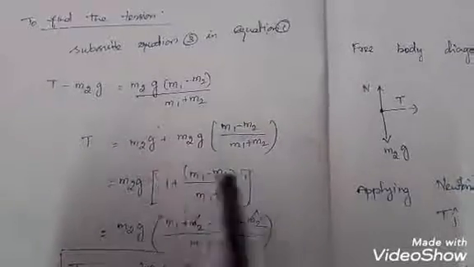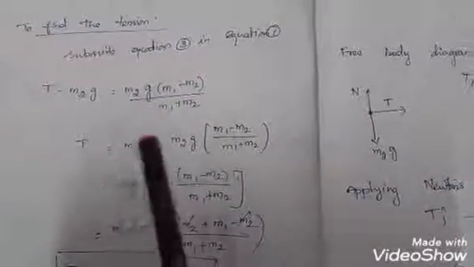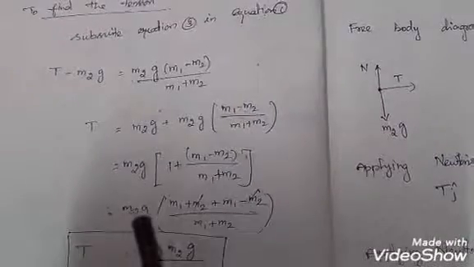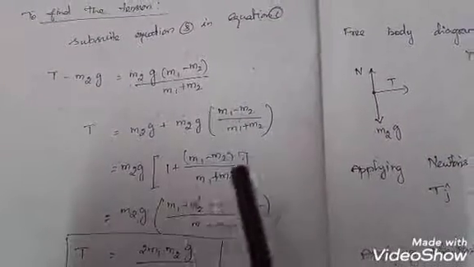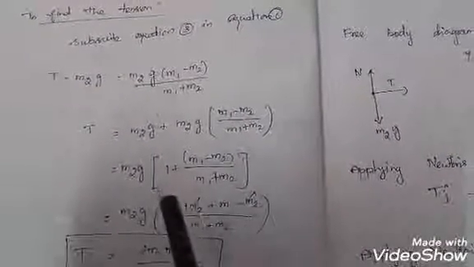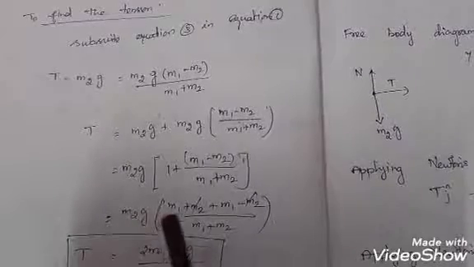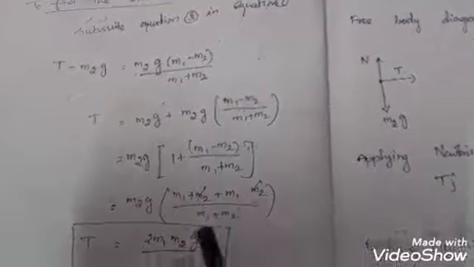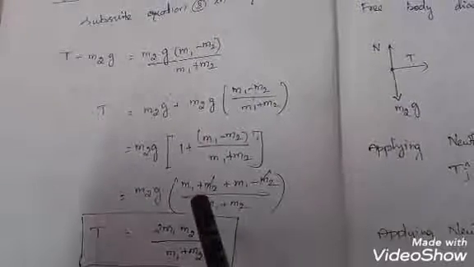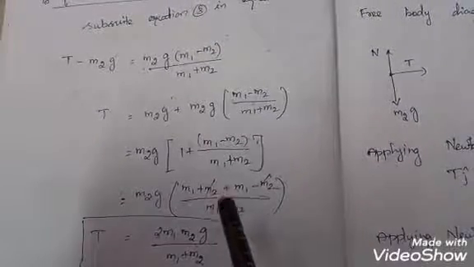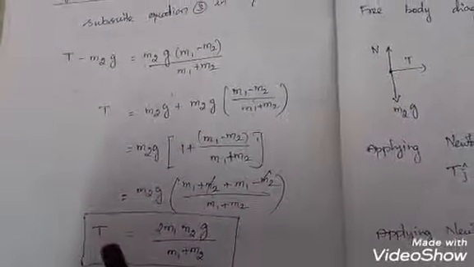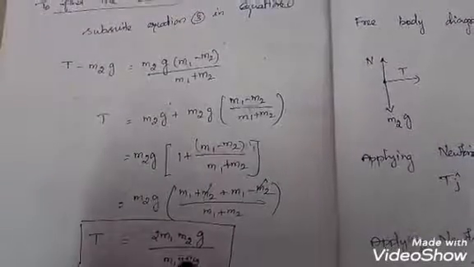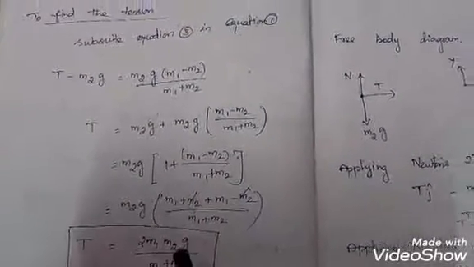We take m2g in common, so this becomes 1 plus this term. Taking the LCM, we get m2g times m1 plus m2 plus m1 minus m2 divided by m1 plus m2. We cancel out terms, so we get the tension T equals 2 m1 m2 g divided by m1 plus m2.